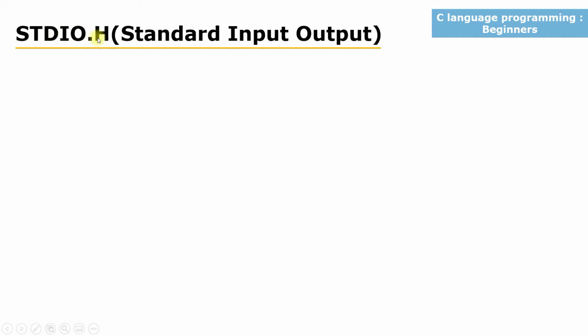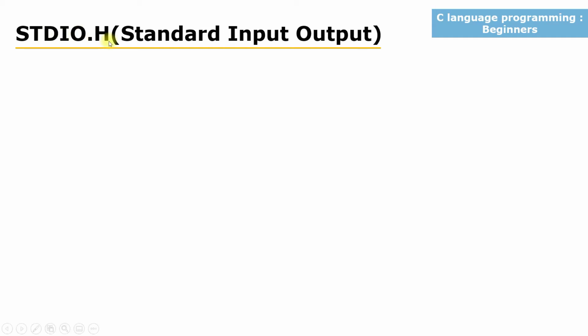So the stdio.h header file contains a group of predefined functions which help us to read the data from the keyboard and to display the data onto the monitor while executing the program.